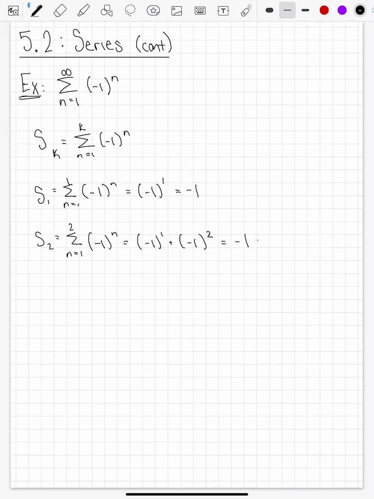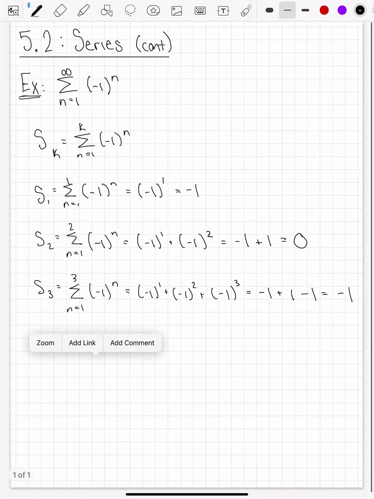So that's negative 1 plus 1, which is 0. And then S3 is the sum from 1 to 3 of negative 1 to the n. So that's negative 1 to the 1 plus negative 1 to the 2 plus negative 1 to the 3. So that's negative 1 plus 1 and another negative 1. So that becomes negative 1.